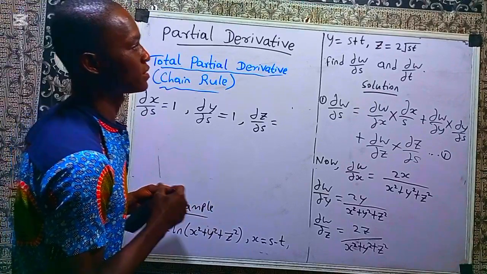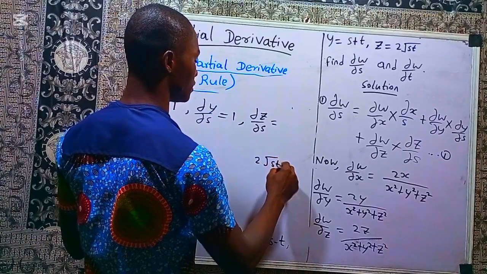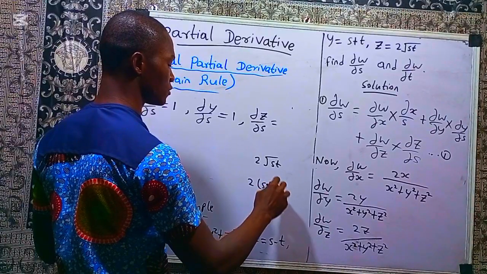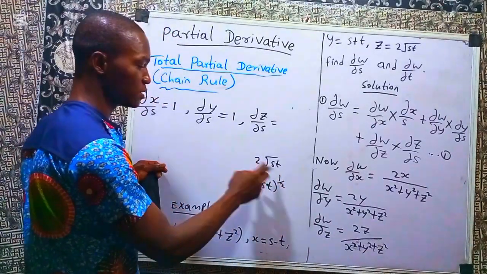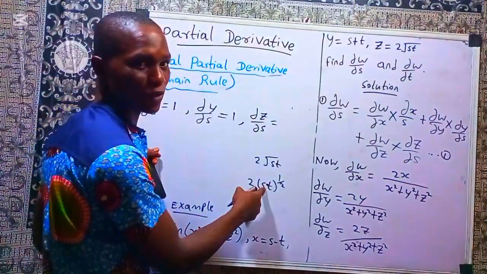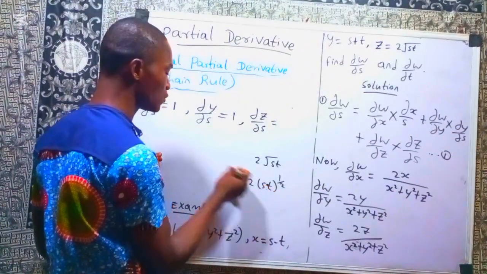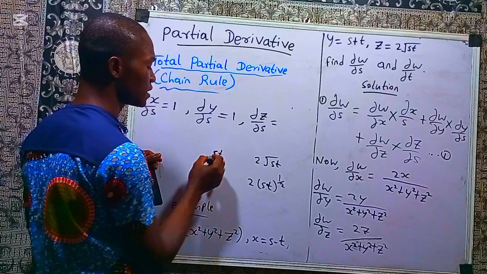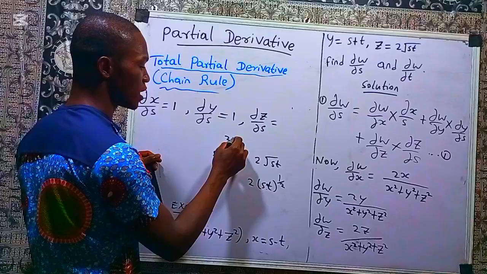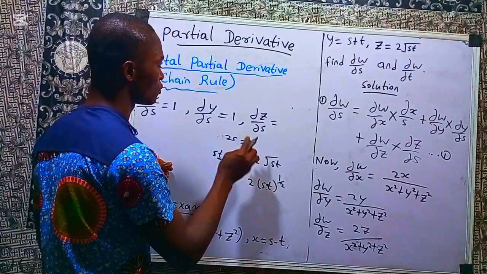Then partial z partial s will be what? What is our z? Our z is 2 square root of st, which I can write as 2 multiplying st raised to power half, since square root is the same thing as power half. I want to differentiate this with respect to s. I will use chain rule. I will differentiate the inside with respect to s. Inside is st. You are treating t as just a number, just like if you have 2s and differentiate 2s with respect to s, you get 2.